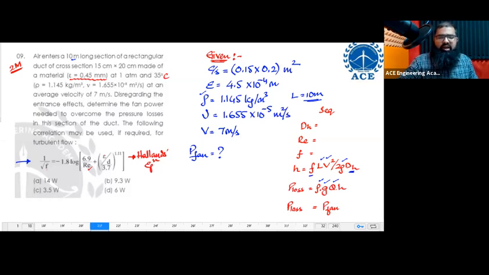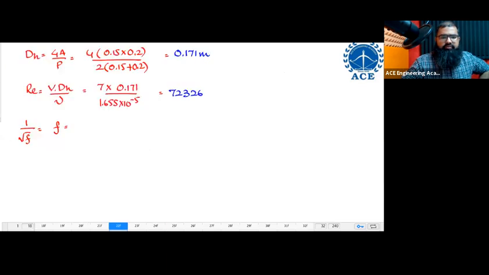D hydraulic, just now we have found out, sir, D hydraulic is 0.171 meters. Come on, work with the calculator. D does not mean hydraulic mean depth. It means hydraulic diameter. Hydraulic depth is different, hydraulic diameter is different.